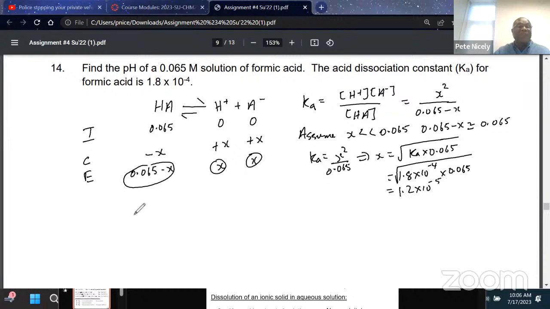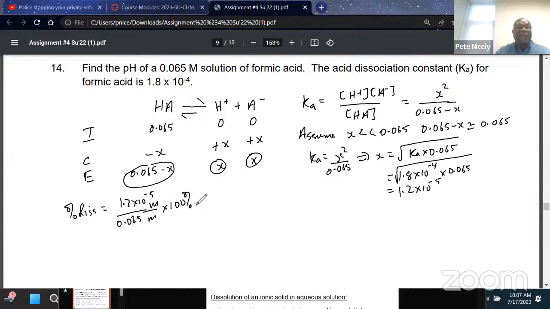All right. And now, of course, we need to find the percent dissociation to test to make sure that our assumption is valid. In order for us to do that, we're going to take the 1.2 times 10 to the minus 5 divided by the initial concentration, which is 0.065. These are both concentrations, molarity.